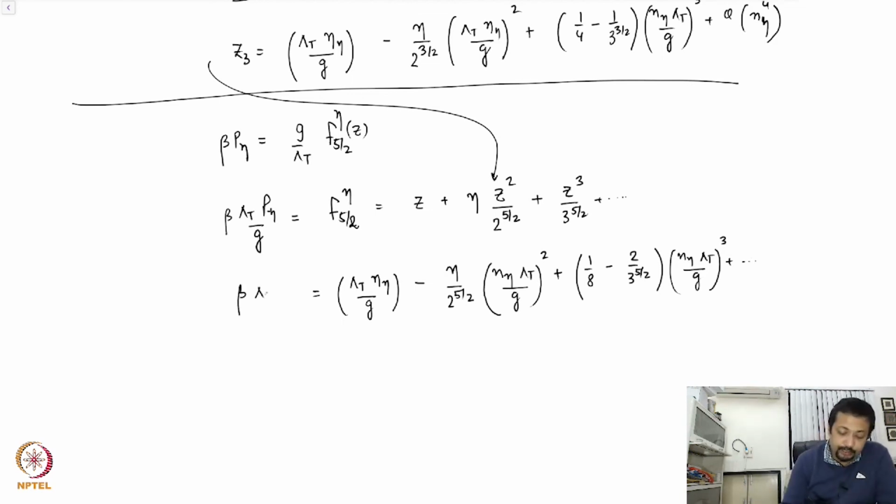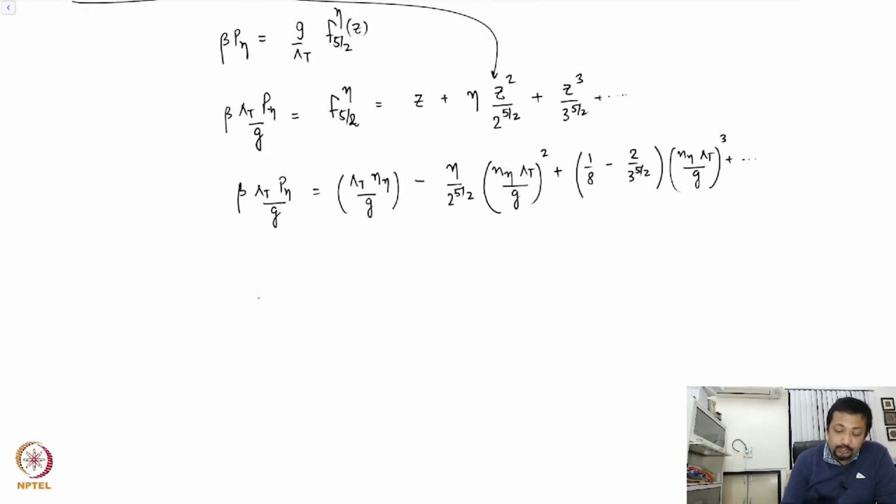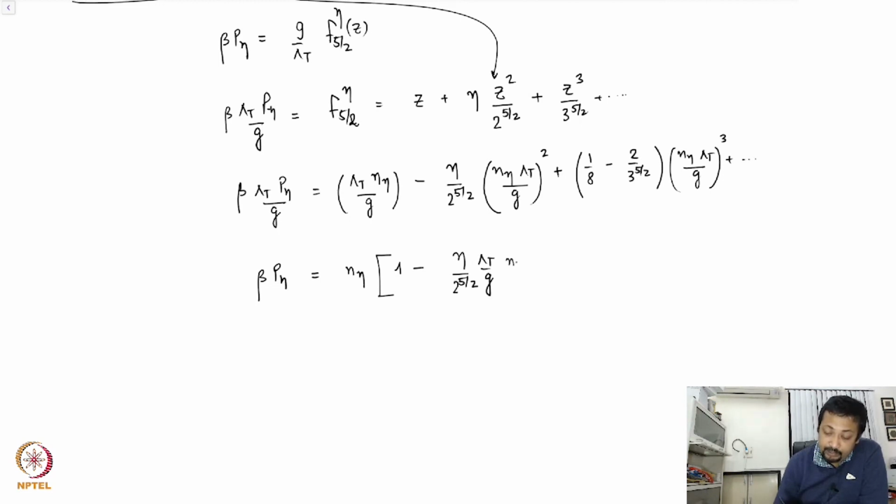So this is going to be beta lambda t p eta over g. So you immediately see that the lambda t over g cancels out from the left hand side, so that I have n eta, I can take this common as 1 minus eta over 2 to the power 5 by 2. One factor of lambda t by g is going to cancel out from the left hand side, so I'm going to be left with lambda t over g times n eta plus higher order terms.